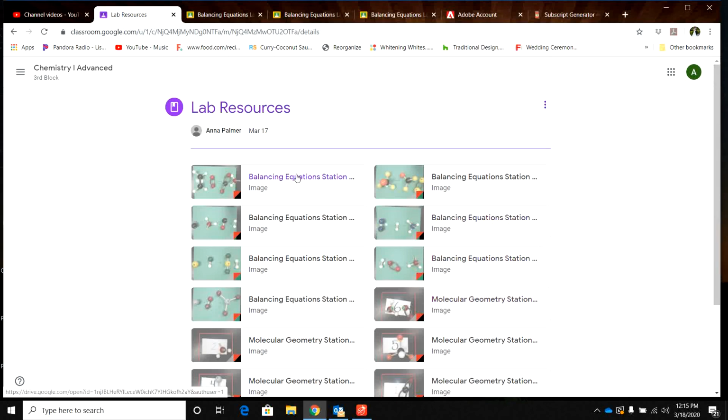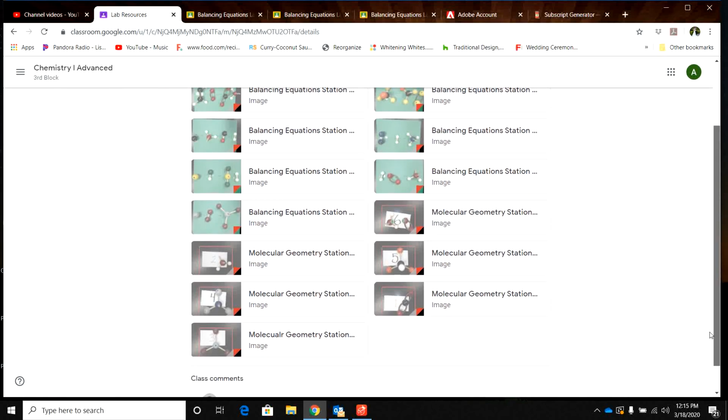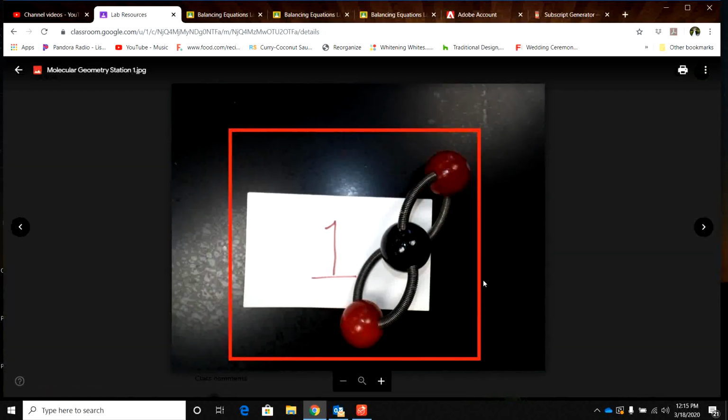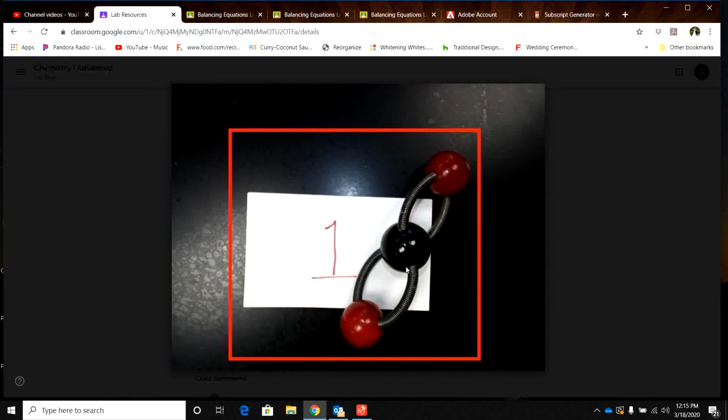Now, we are not doing the balancing equations lab yet. That will be Unit 6. You are in Unit 5. So you're going to be looking at these 6 images that say Molecular Geometry Station. And we'll go ahead and look at number 1. So if you were at school doing this lab right now, you would be at station 1, and that's where we are in our lab.